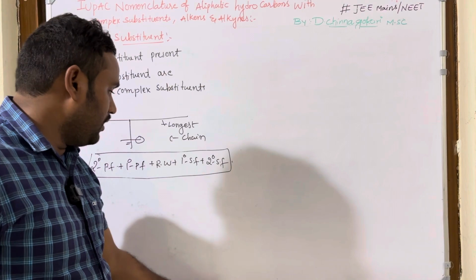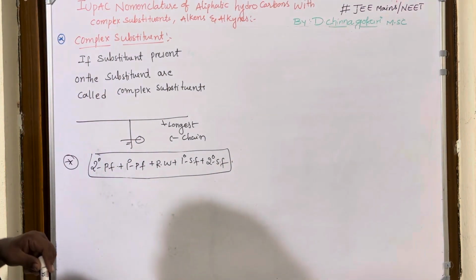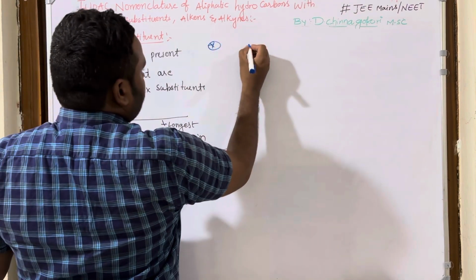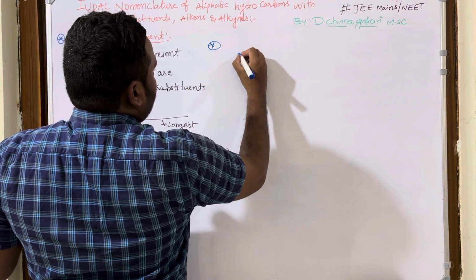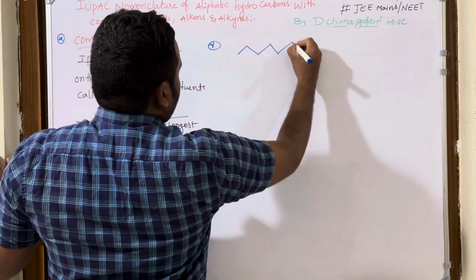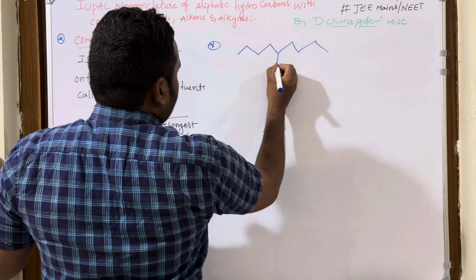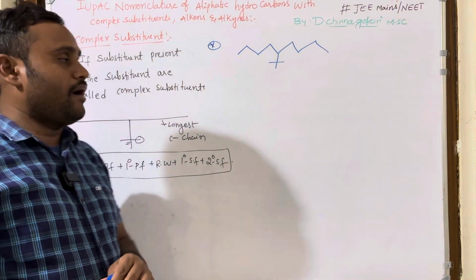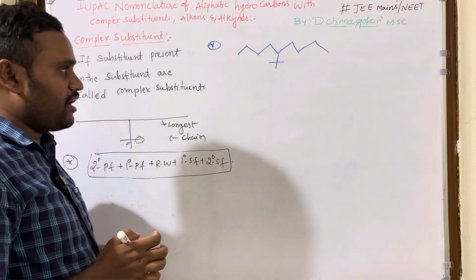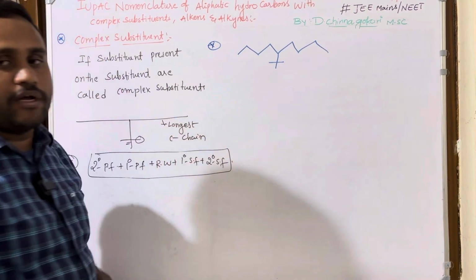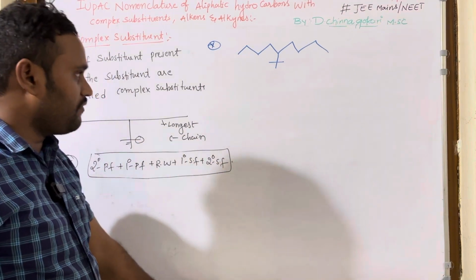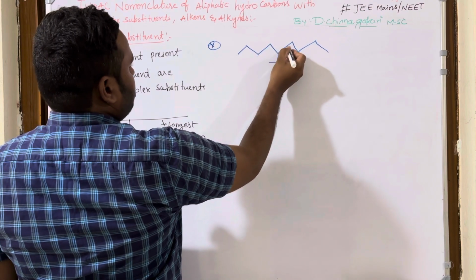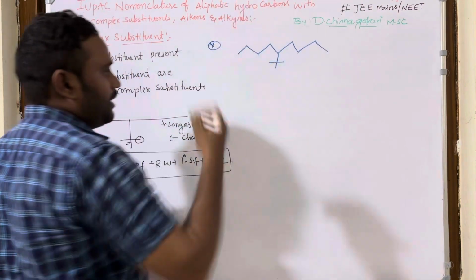Now let us take an example to understand this concept. This is one organic compound we are having. Let us count the number of carbon atoms from all possible directions. Here, 1, 2, 3, 4, 5, 6, 7, 8, 9 carbon atoms are there.